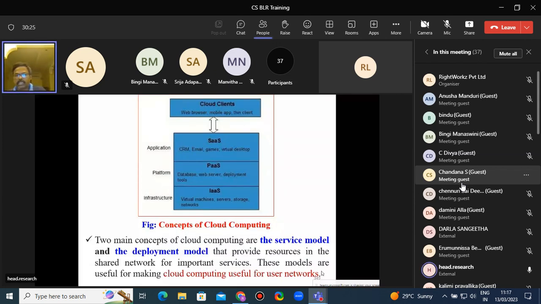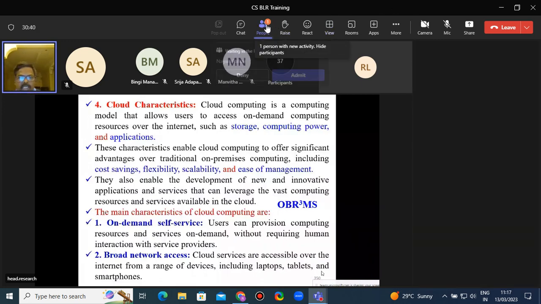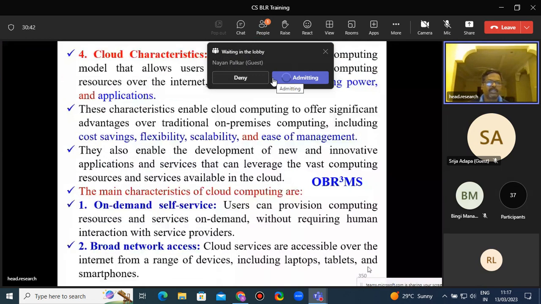Then the fourth one is cloud characteristics. What is meant by cloud computing characteristics? Cloud computing is a computing model that allows users to access on-demand computing resources over the internet, such as storage, computing power, and applications.